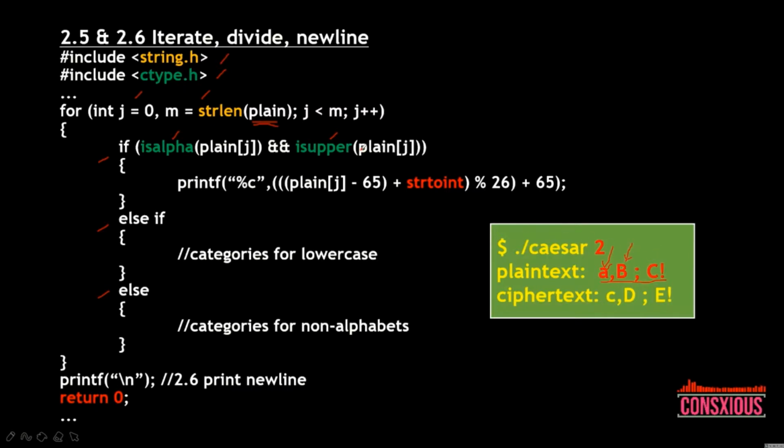B definitely fulfills these 2 conditions. So we go to the next step, which will apply the formula here. For example, plain[j]. j initial is 0, so we can count from 1 here. We'll go through one by one the index of this string till the end.